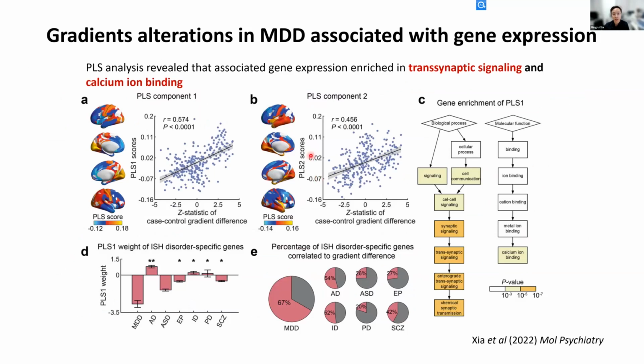We also conducted a connectome and transcriptome association analysis using the gene expression data from the Allen Institute. The spatial pattern of gradient alterations was correlated with gene expression enriched in synaptic signaling and calcium ion binding. And the depression-related genes exhibited significantly higher weights in these multivariable models.